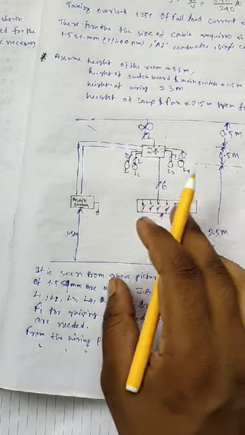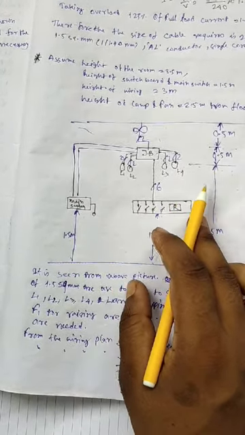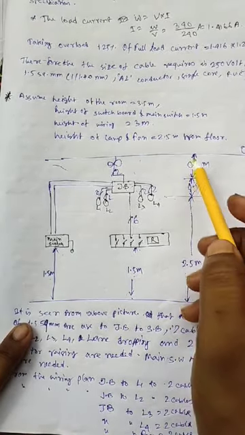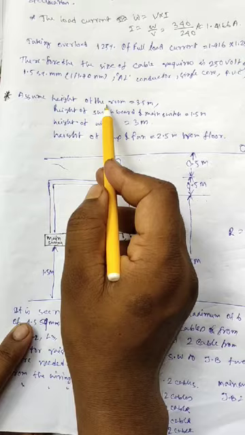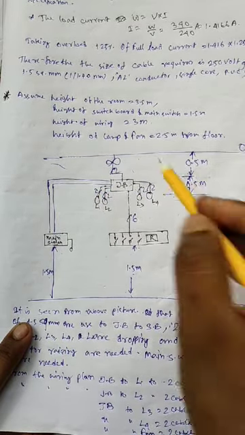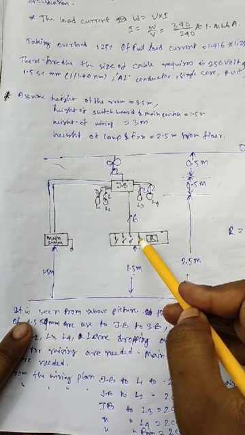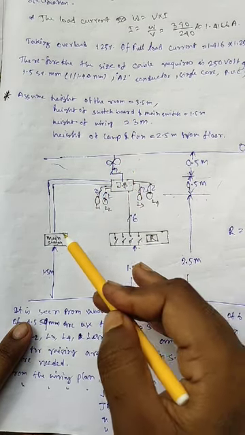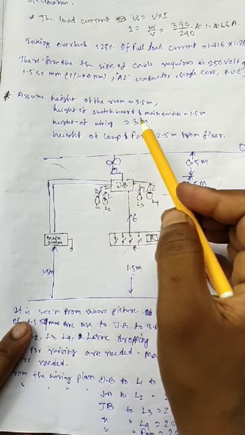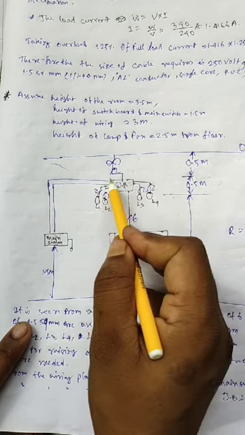First of all, you draw a side view from the single line diagram, then calculate the length of wire. We assume that the total height of the room is 3.5 meter, and the height of the switchboard and main switch is 1.5 meter. This is the switchboard, this is the main switch, 1.5 meter each.